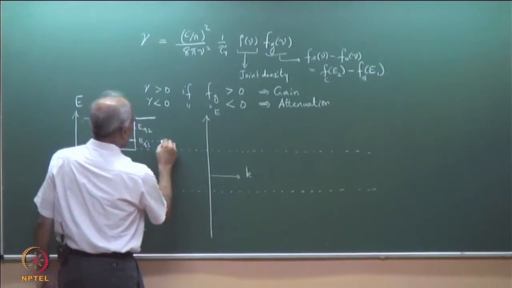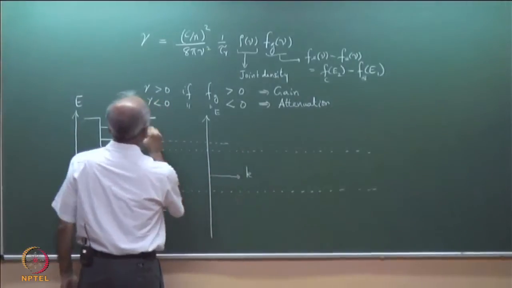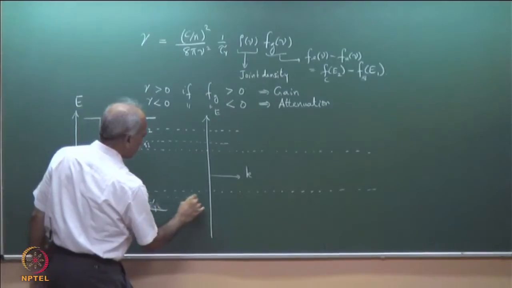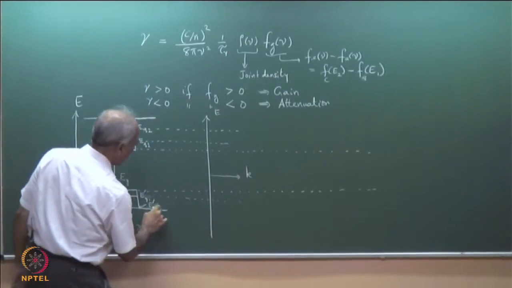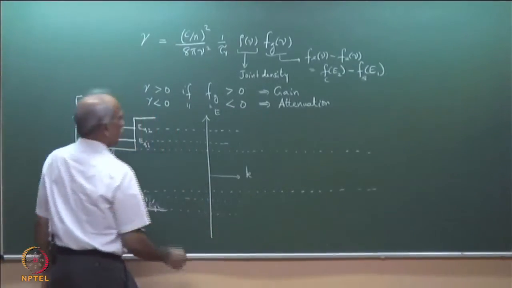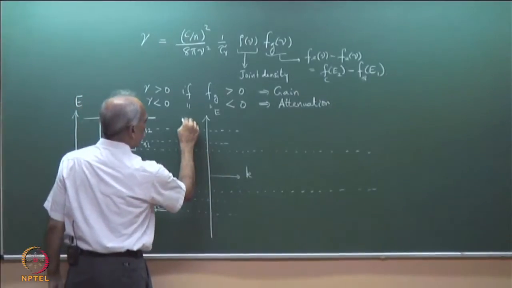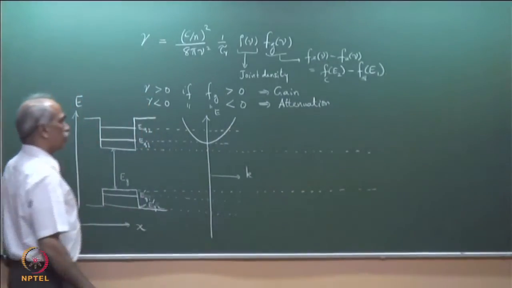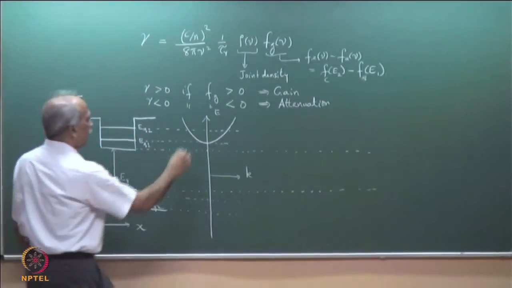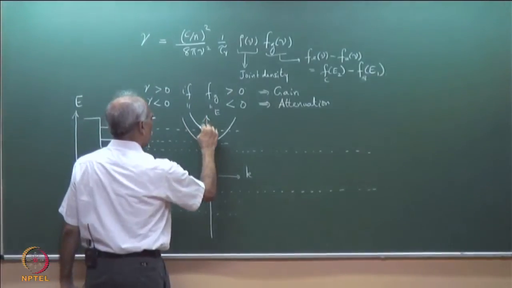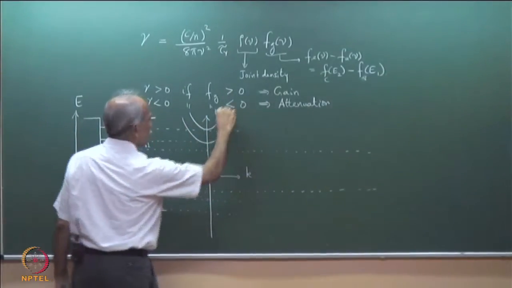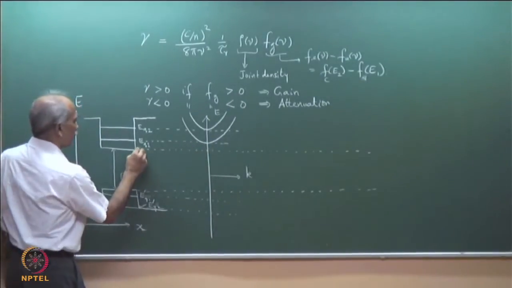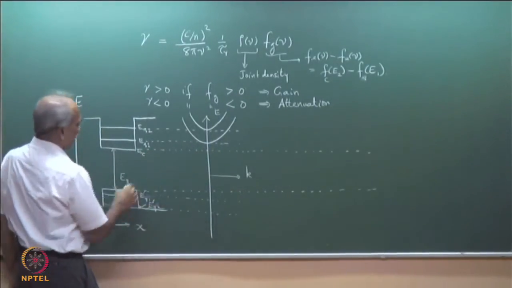The corresponding E-K diagram, if you plot, we have energy subbands, and the subbands look like this. They have the same k square kind of dependence, but only in the transverse k, kt, and there is no allowed state at the earlier EC. So, this was EC and this was EV.